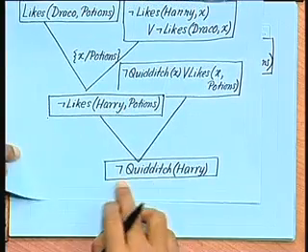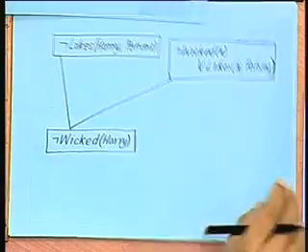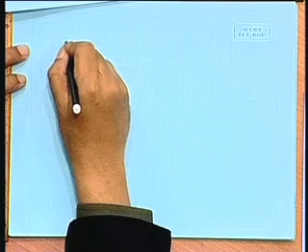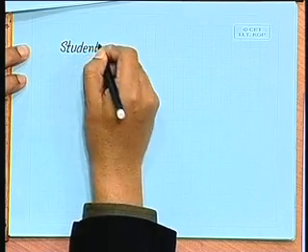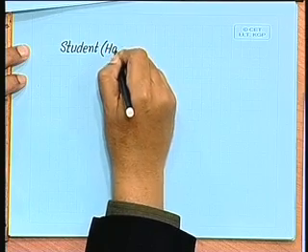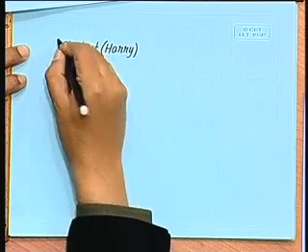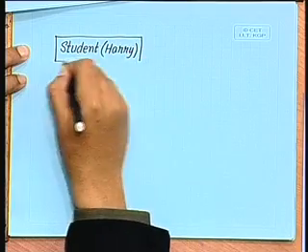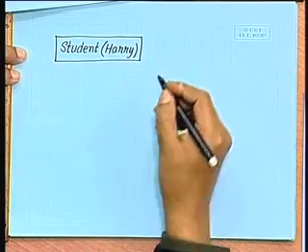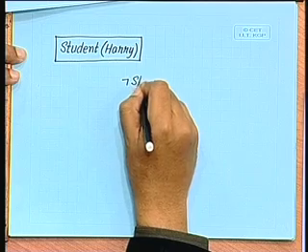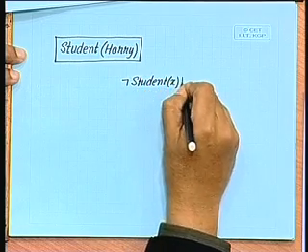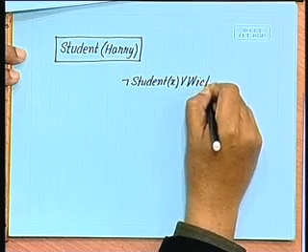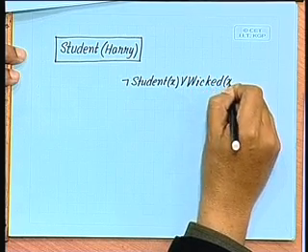Previously we had deduced here that not Quidditch Harry. Now let us see, we have in the knowledge base student Harry, and we also have in the knowledge base not of student x or wicked x or Quidditch x.